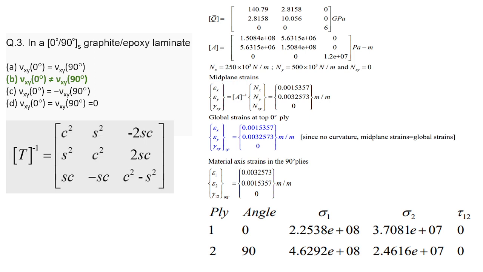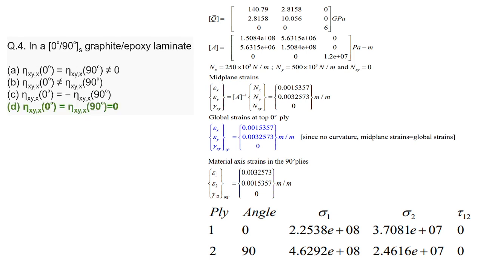And to find the Poisson ratio, we have to find the ratio of the transverse to longitudinal strain. So the value of the Poisson ratio will be different for the 0-degree and 90-degree plies. Hence, from the options, the second one will be the correct one. That is, the Poisson ratios are not equal to each other.